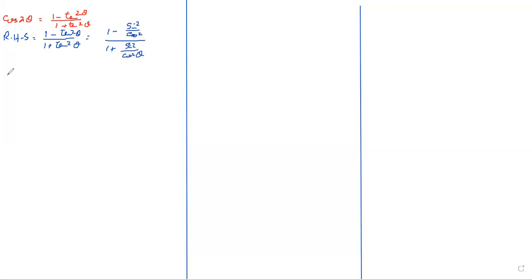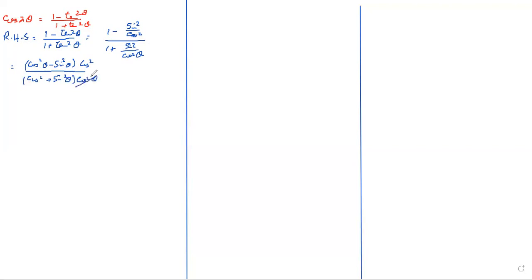So taking the LCM of the numerator and the denominator, this is cosine square theta minus sine square theta, divided by cosine square theta, and the denominator is cosine square theta plus sine square theta divided by cosine square theta again.